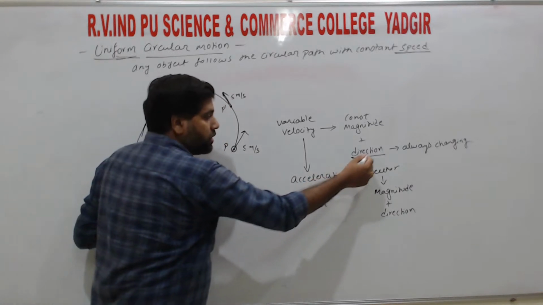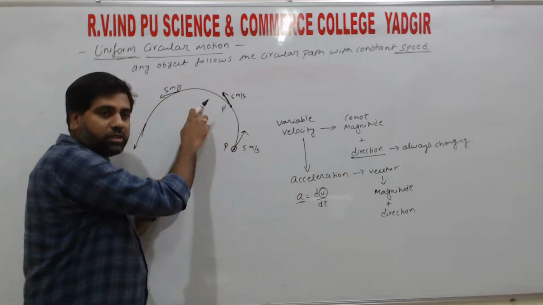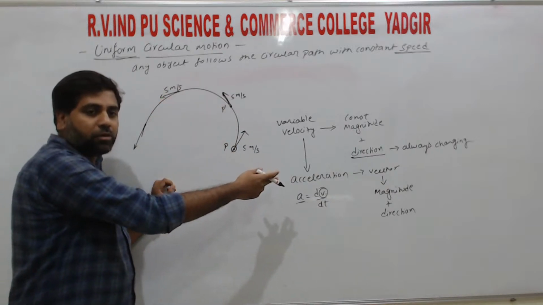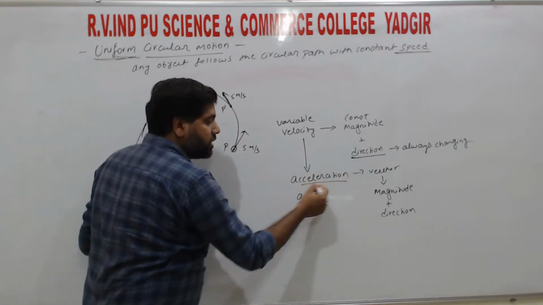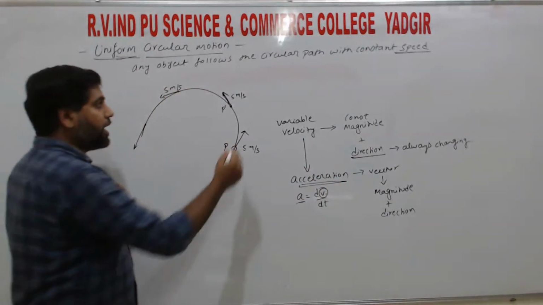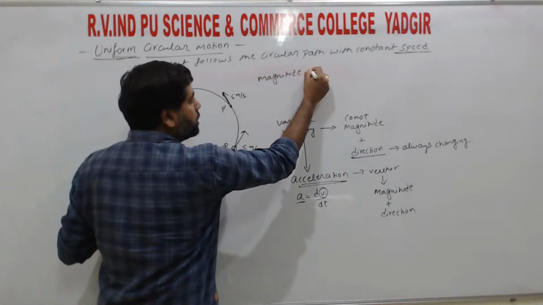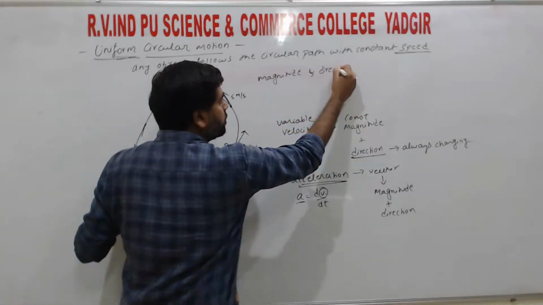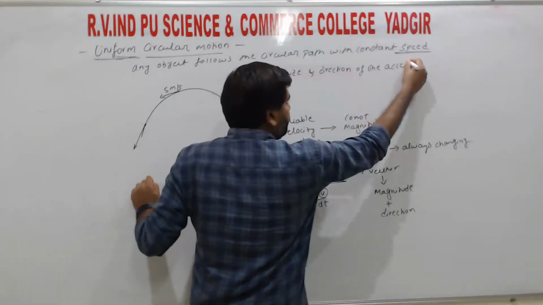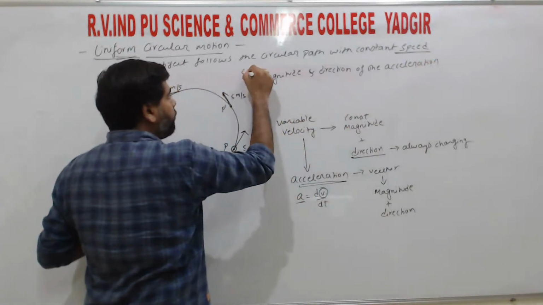Here the direction is changing, so we have two different velocities. The magnitude may be the same, but the direction is changing, hence we get acceleration. In this topic we are going to find the magnitude and direction of the acceleration. This is also very important for 5 marks.